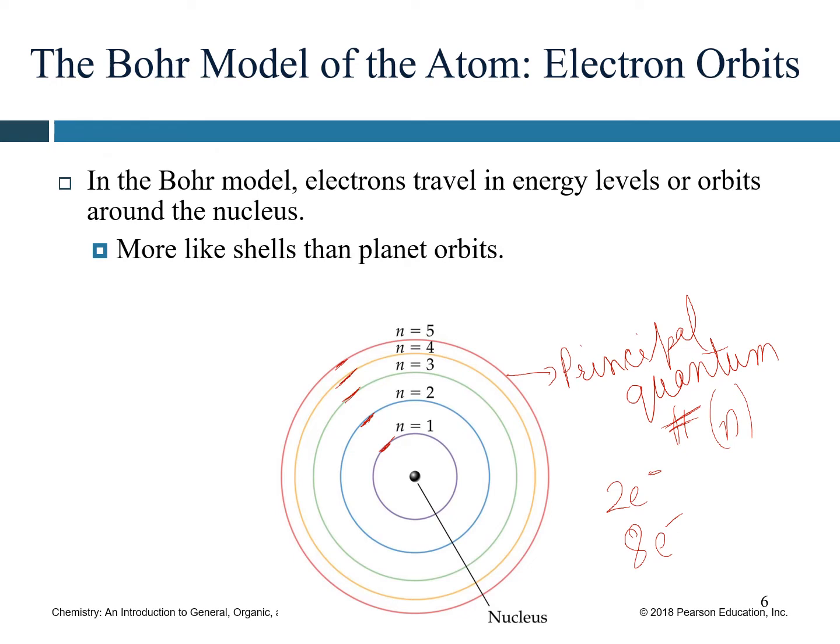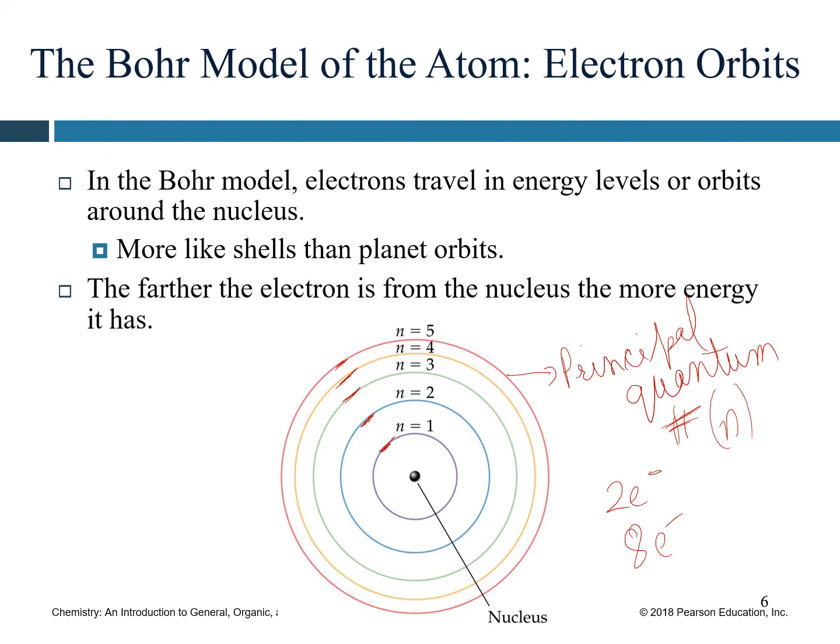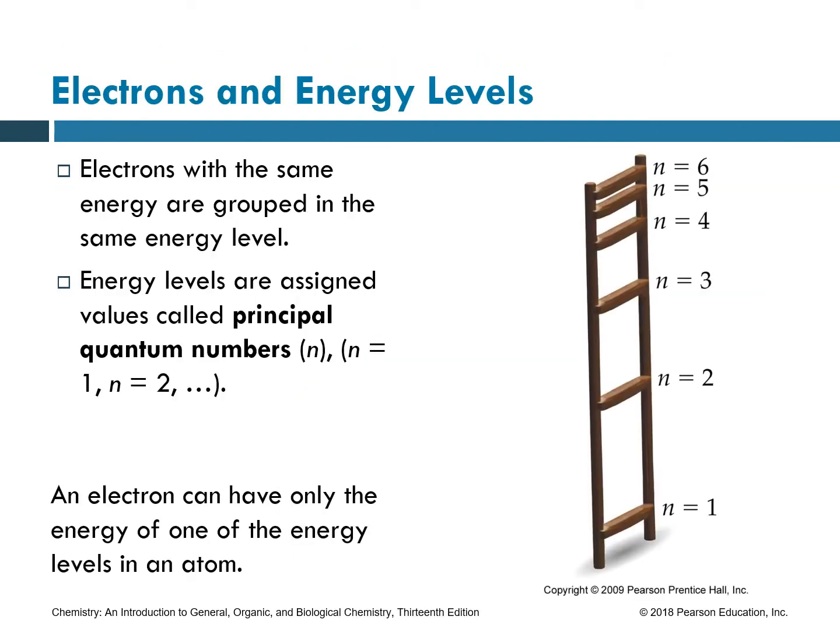Okay, so let's see, to give you another example of what exactly quantized means: let's say a person is climbing a ladder. Where can we find the person's feet? They would either be on step number 1, which is n equals 1, or step number 2.